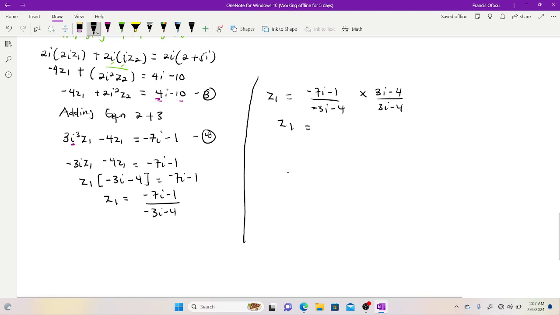Multiplying the numerators, if I multiply 7i by this, what am I getting? I'm going to get 7 times 3 is 21. Then I have i times i will give me -1. But there is already negative here, so it will be positive 21.